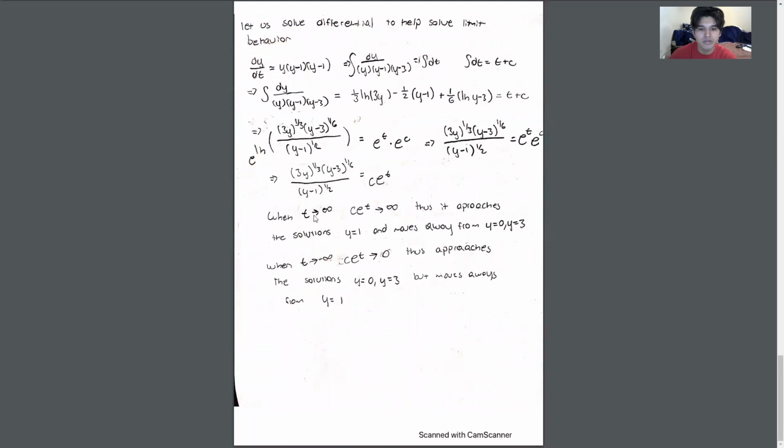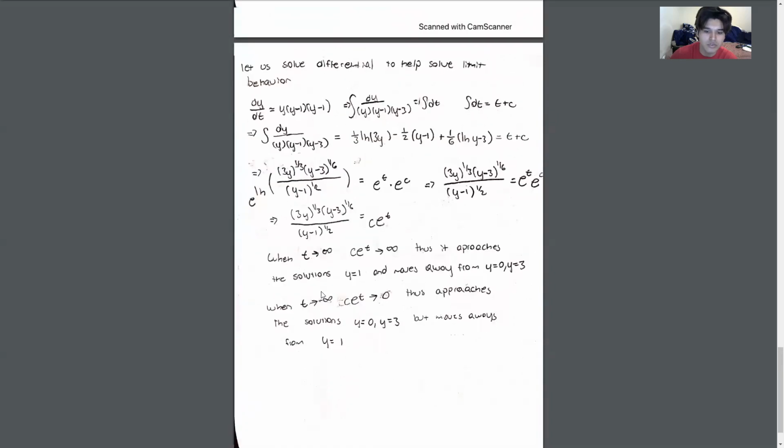So if we plug in t equals 0, or t approaches infinity, we find that this end behavior is going to be in agreement whenever y equals 1, but it's not going to agree whenever y equals 0 and y equals 3. Actually, the opposite can be said for this over here. As t approaches negative infinity, this expression approaches 0 and is going to be agreeing with the solutions of y equals 0 and y equals 3, but doesn't agree with y equals 1, which is why it moves away from 1.